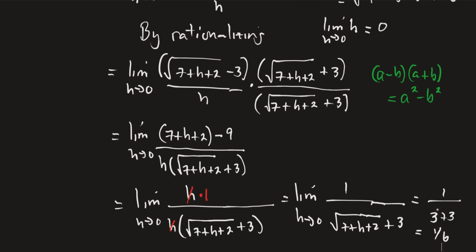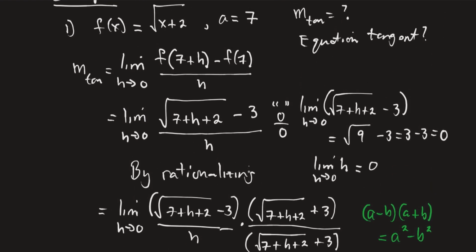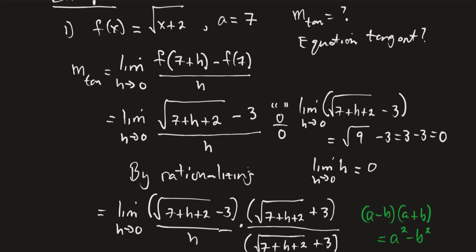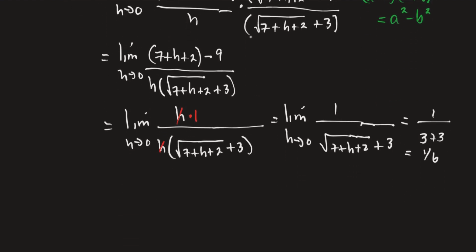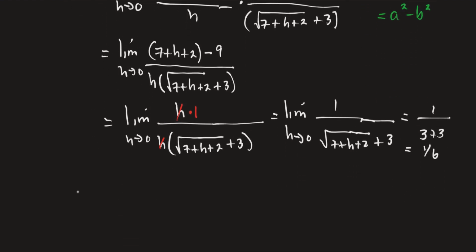And again, just as a reminder, here's our function, y equals the square root of x plus 2, and we wanted it at the point where x is equal to 7, right? The slope of the tangent line is 1/6, right?